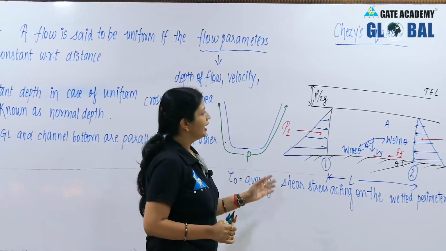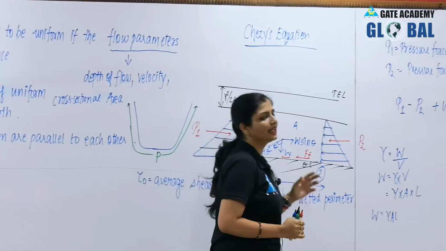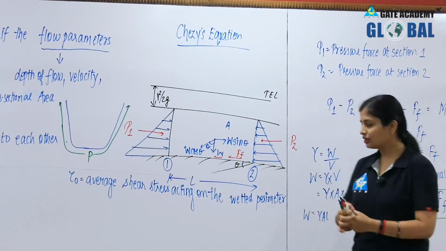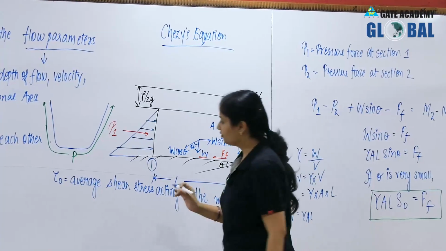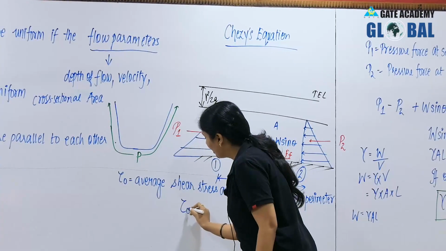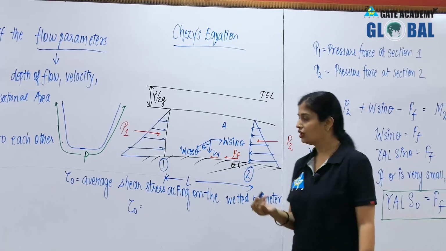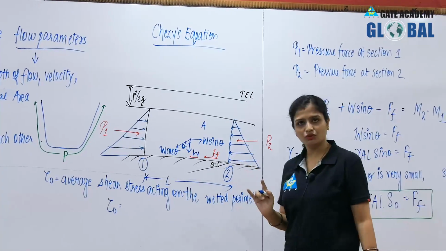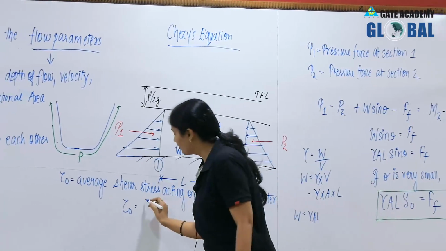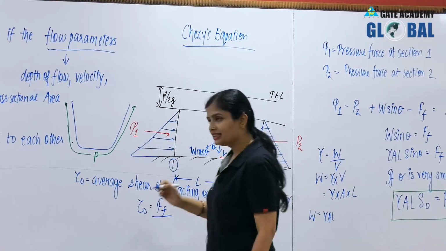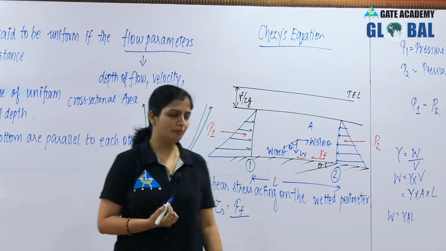So here in this case, basically your skin friction drag will be acting. So you can denote it by Fs also, or if you are writing drag force you can write it by Fd also. But since I have taken it here frictional force only, so I will denote it by Ff. Fine. This is acting along the wetted perimeter.